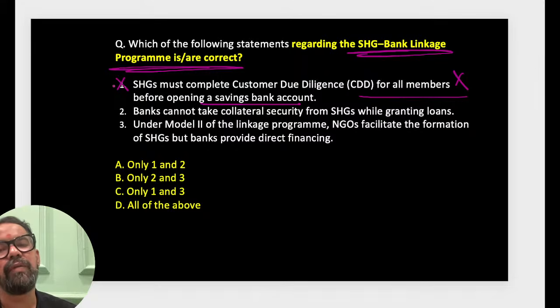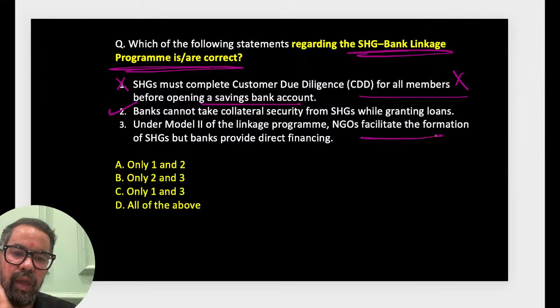But at the time when we are disbursing money or giving a loan, that time we need to do this. Okay? Bank cannot take collateral security from self-help group while granting the loan. True है. Under model 2 of the linkage program, NGO facility.